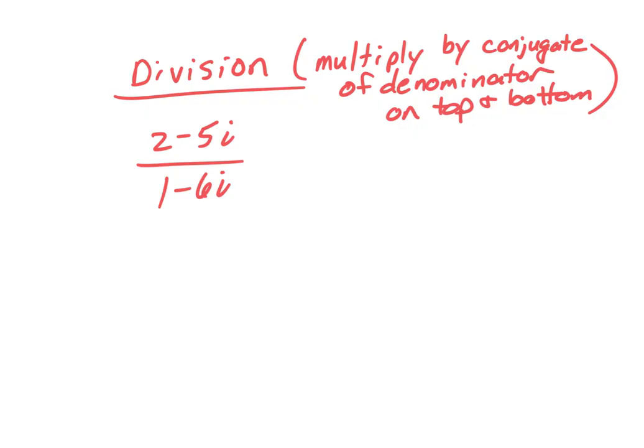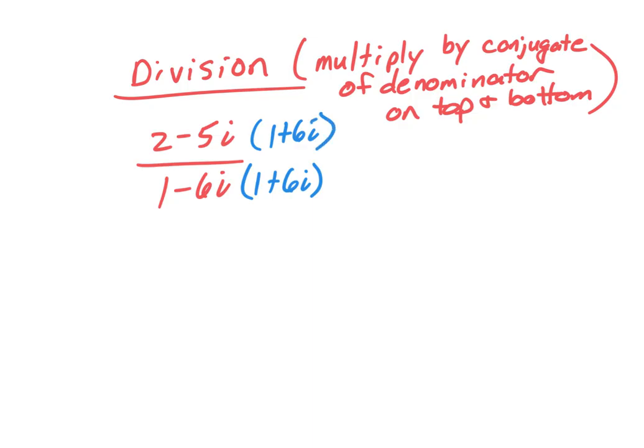But here I'm doing it with a conjugate of the denominator. So the denominator is 1 minus 6i. What would be the conjugate of the denominator? 1 plus 6i. Good.